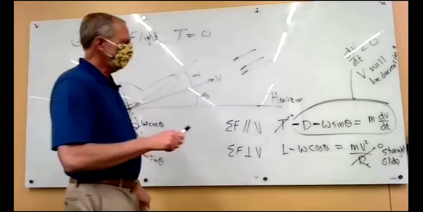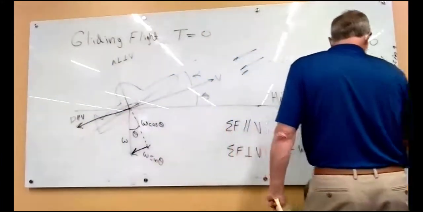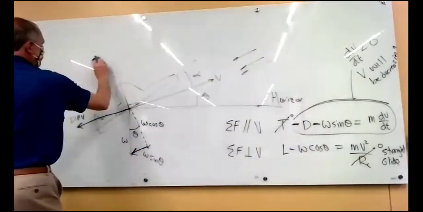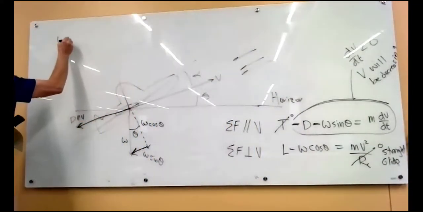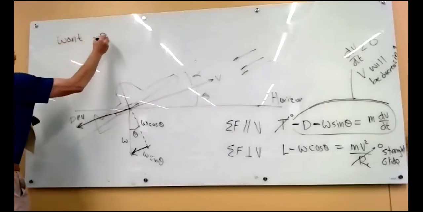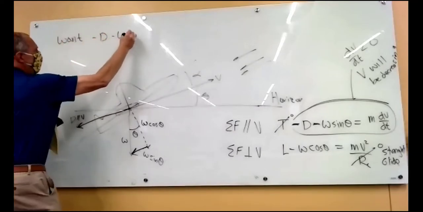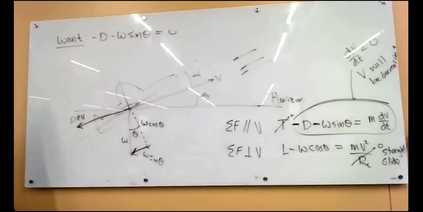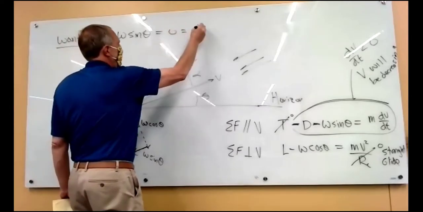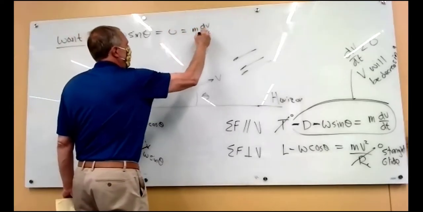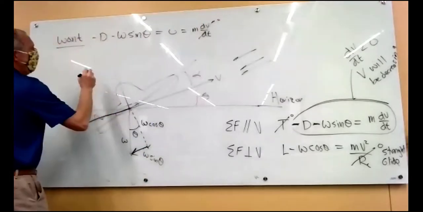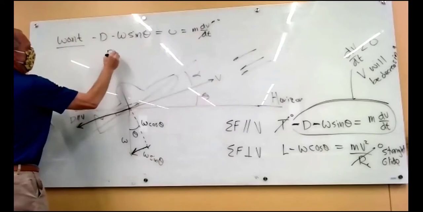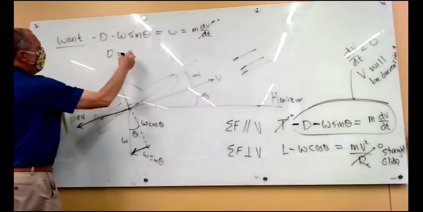So what that means is if we look at this equation, if we want this equation to balance out to give us 0 acceleration, if we want to get that, we need to have drag, move the drag over to the other side.